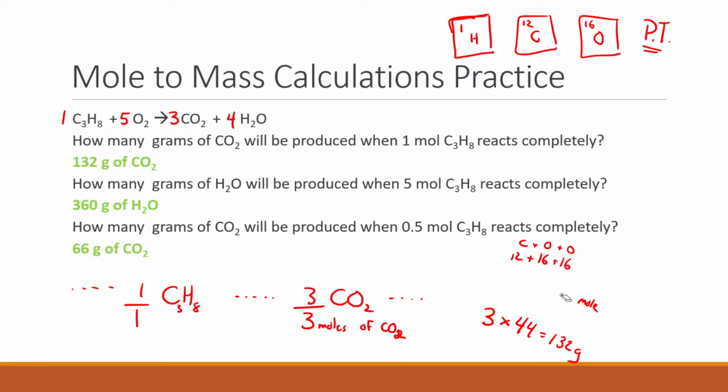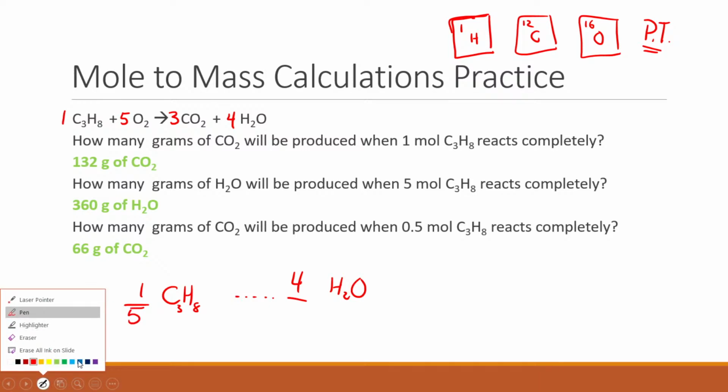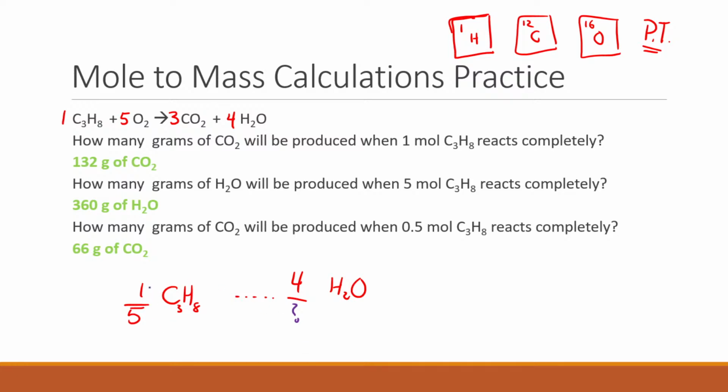For the second question, we are looking at C3H8 and water this time, so we're going to pull out the important bits of our equation. 5 moles of C3H8 is going to give me how many moles of water. Here we look at this relationship either across, right? So 1 to 4 is times 4. So this should be 5 times 4 to give me 20.